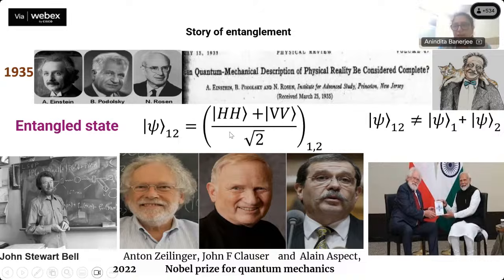So how can this information travel so fast? How is it so simultaneous, and how does the particle in the other galaxy know the measurement of the first state so that it has to follow, because there is a correlation which is happening? So this is the beauty of entanglement.